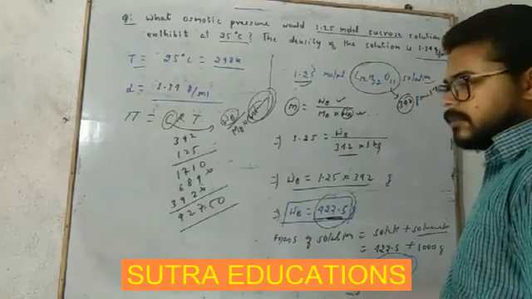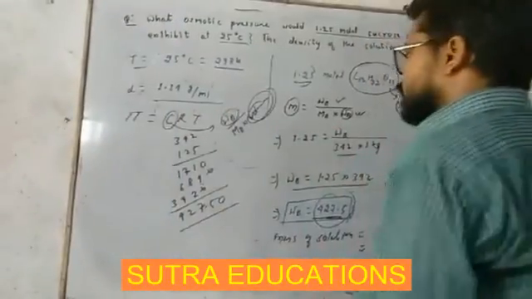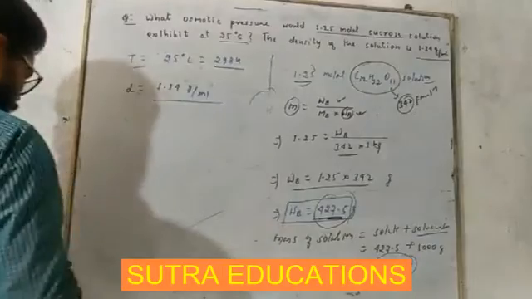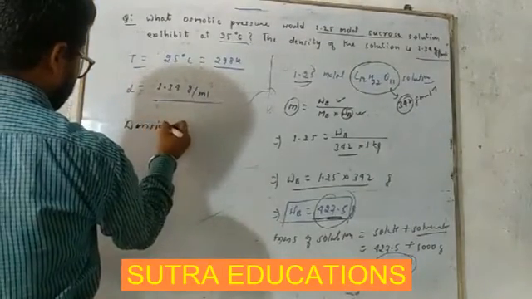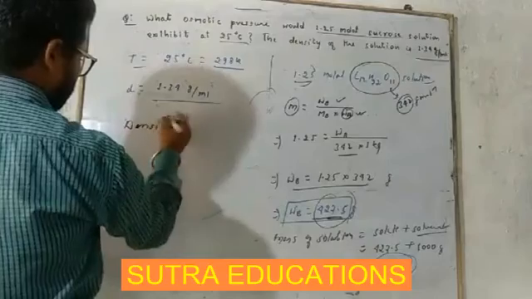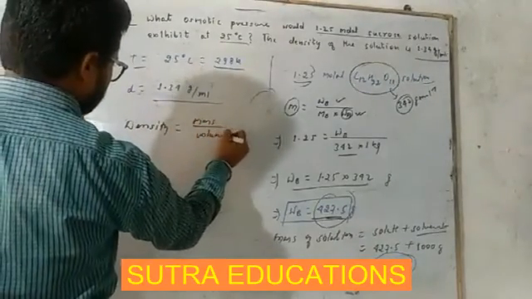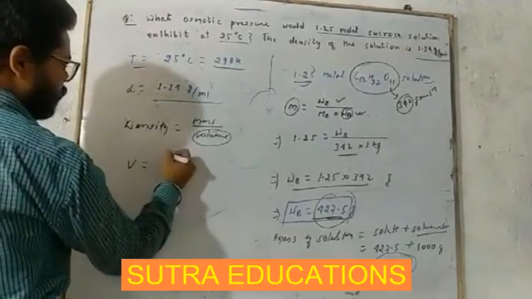Now we know one formula: density is equal to mass by volume. We have to calculate the volume of solution. So from here volume will be equal to mass by density.